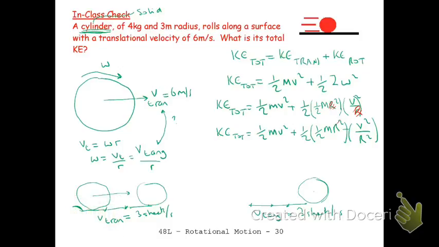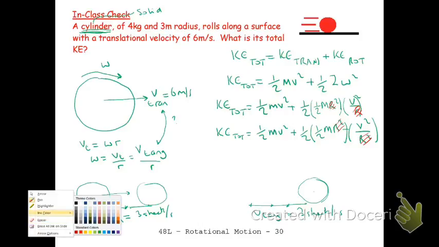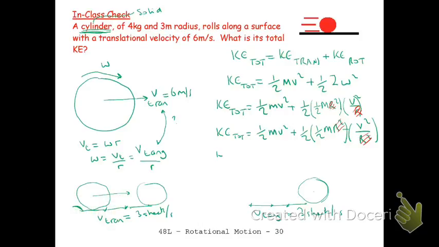That r squared is the same as that r squared. And I get that KE total is equal to 1/2 m v squared, plus 1/2 times 1/2 is a quarter, 1/4 m v squared.